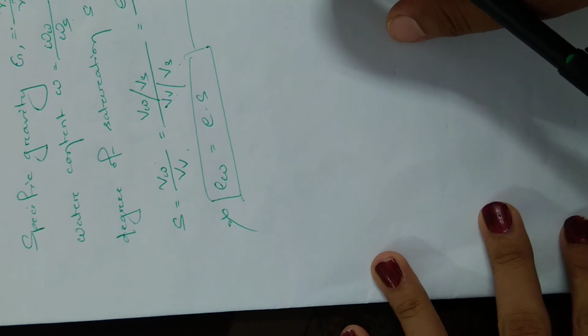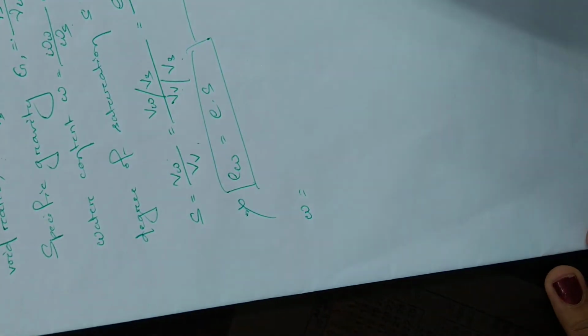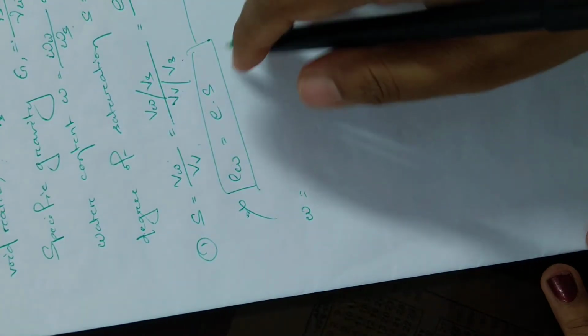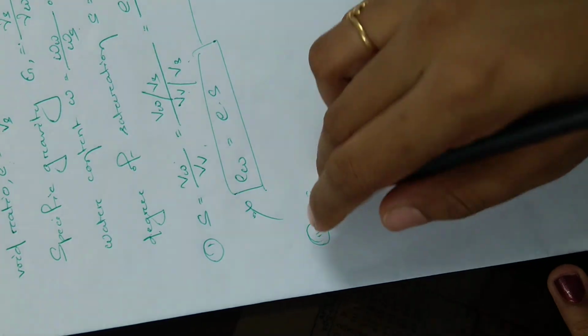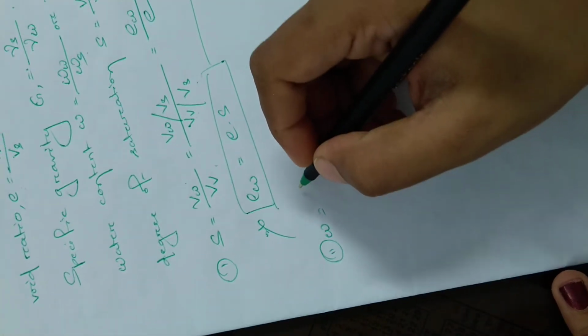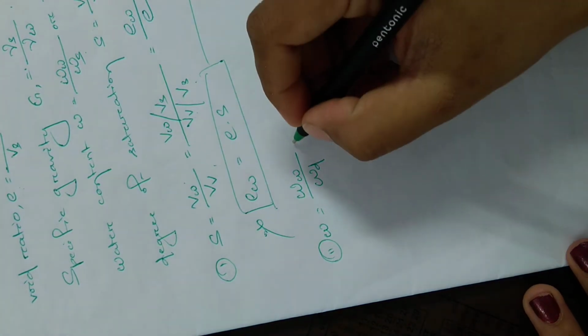Now I will take the formula of W, water content. First I have taken the formula of S. Now in second step I am taking the formula of W. W has a formula of WW by WD or WS.